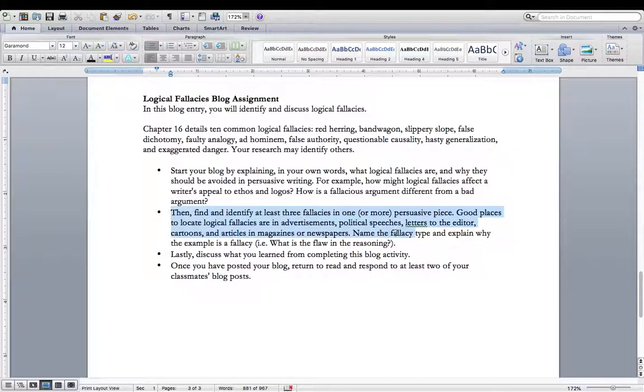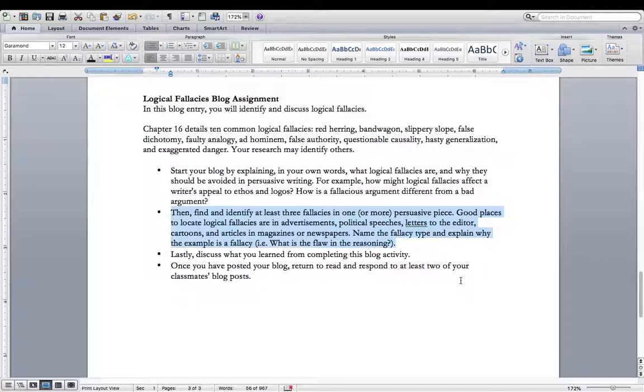Once you talk in your own words about what logical fallacies are, why they should be avoided, and how they can affect a writer's ethos and logos, you want to identify at least 3 fallacies in one or more persuasive pieces.